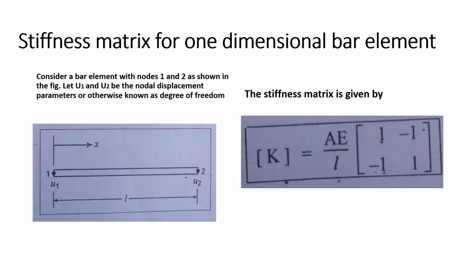Then the second condition was the sum of elements in any column is equal to 0. In the first column the numbers are 1 and minus 1, therefore the sum is 1 plus minus 1 equal to 0. In the second column also, the sum is minus 1 plus 1 equal to 0. So it satisfies the conditions of a stiffness matrix. So this is the stiffness matrix for one-dimensional bar element.